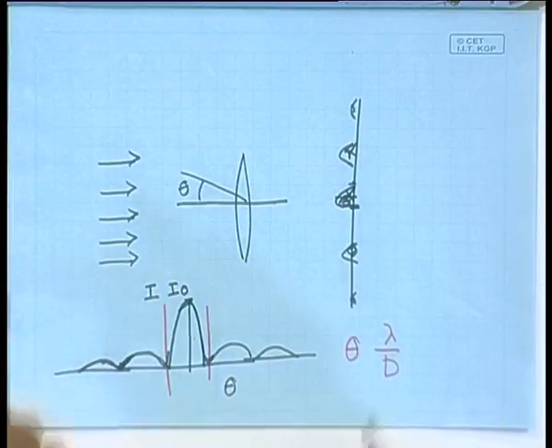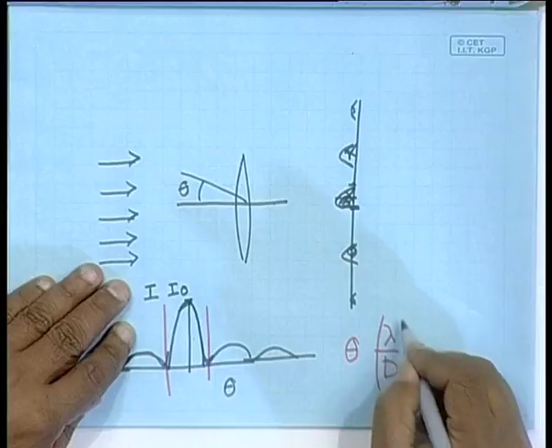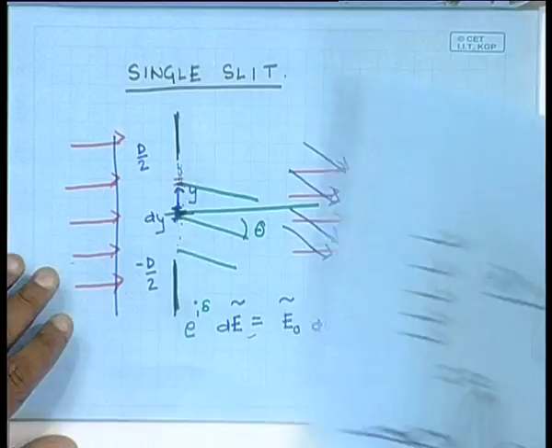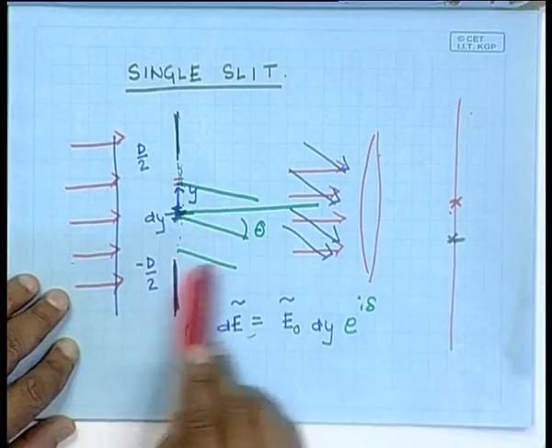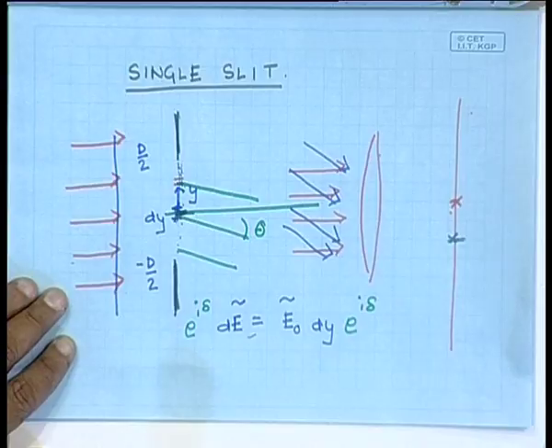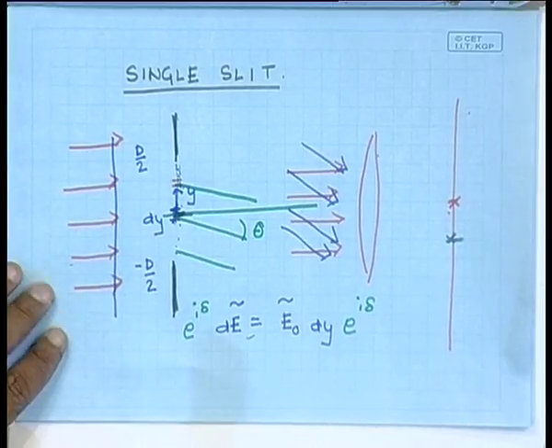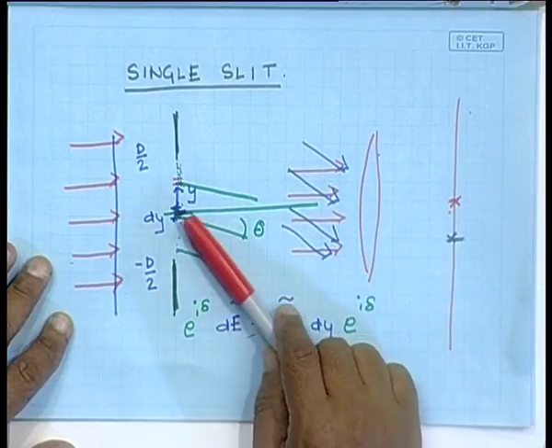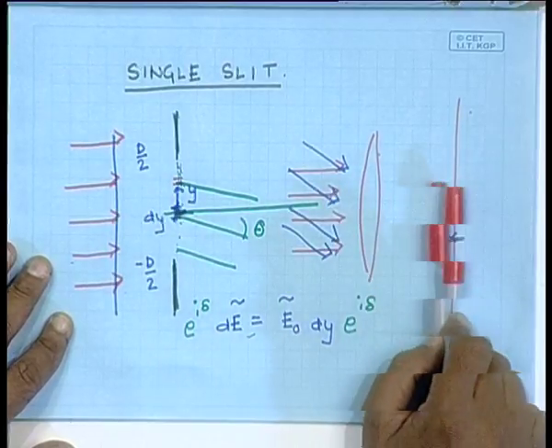So, this lambda by d, the wavelength compared to the dimension of the slit, gives you an idea of the spread in directions of the waves that come out. The waves that come out from this aperture are going to be spread over a range of directions, and the spread in angle is going to be of the order of lambda by d. This is the main bright spot that you have.